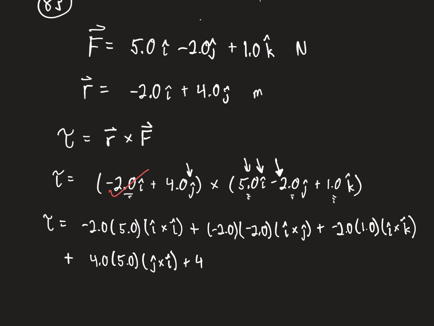Then plus 4.0, distribute it into that negative 2.0, and here's the J hat cross J hat. And then plus 4.0 multiplied by the 1.0, and I have my J hat cross K hat.